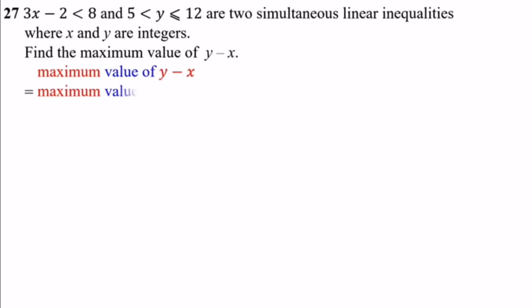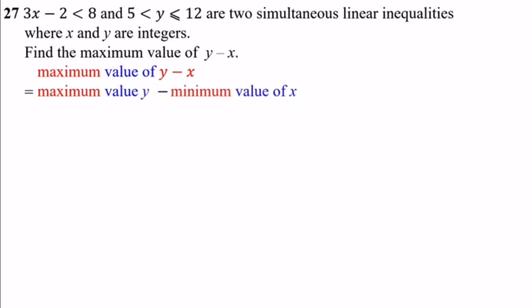Please remember, for the maximum value of y, you have to choose the biggest value of y when you list out, and then you subtract the minimum value of x, the smallest value of x. That is the concept before you can find the maximum value of the difference between y and x.